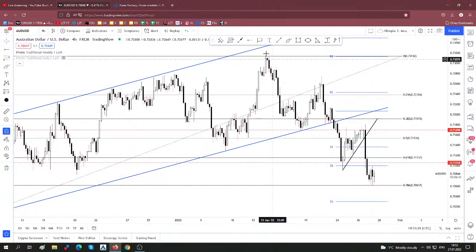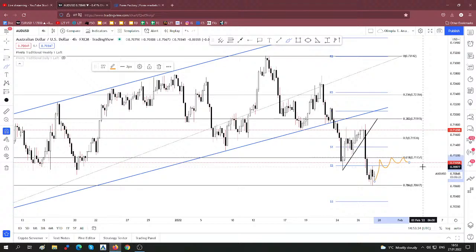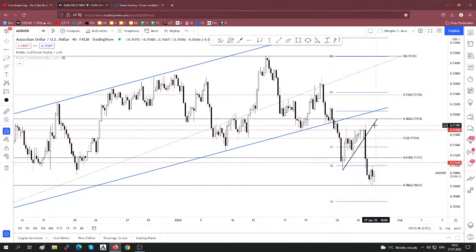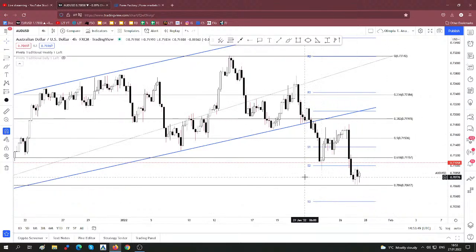Despite the temporary rebound, the retest of the 61.8, the 0.71 psychological level, even if it comes back to retest the 50% retracement level, the bias remains bearish, guys. Okay, it could drop deeper towards fresh new lows.